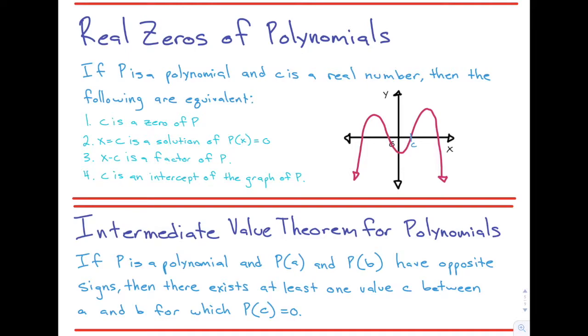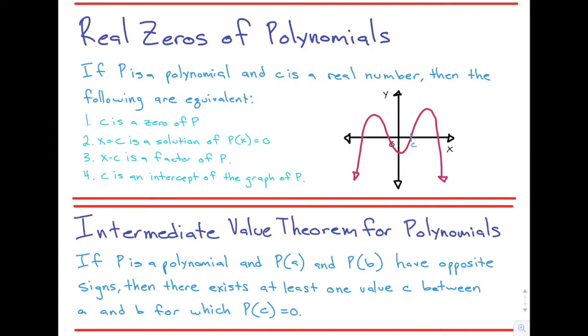The second thing we talked about is what's called the intermediate value theorem for polynomials. If p is a polynomial and p of a and p of b have opposite signs, then there exists at least one value c between a and b for which p of c equals 0. In other words, if we change sign at some point, if we have two x values for which the first one is positive and the second one is negative, then we know that we've crossed the x-axis, and therefore there must be at least one 0.